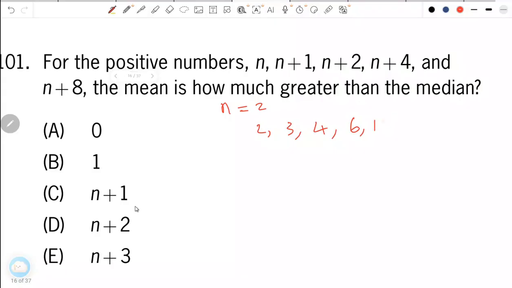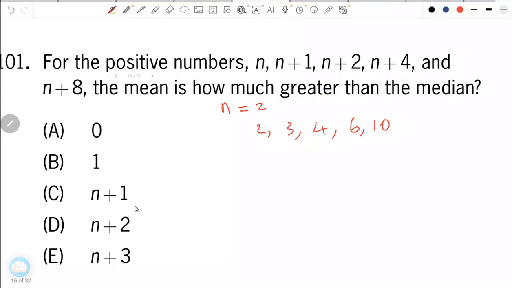The question asks how much greater the mean is than the median. The mean is the average: 10 plus 6 plus 4 plus 3 plus 2, divided by 5, is 5.